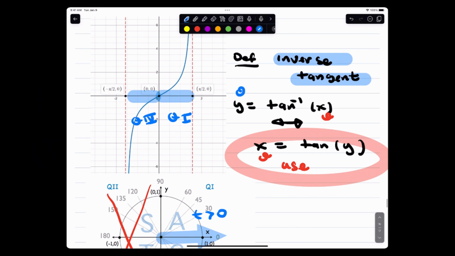This is your theta. Oops. Let me hold on. I got it backwards. Sorry, guys. This is your theta. You guys with me on that?